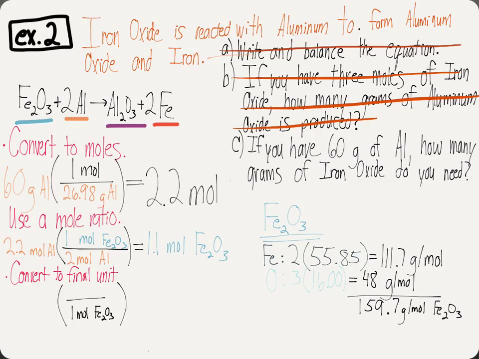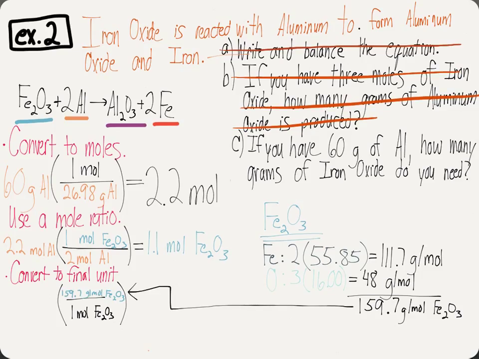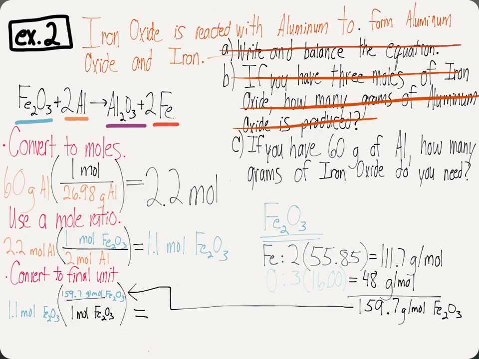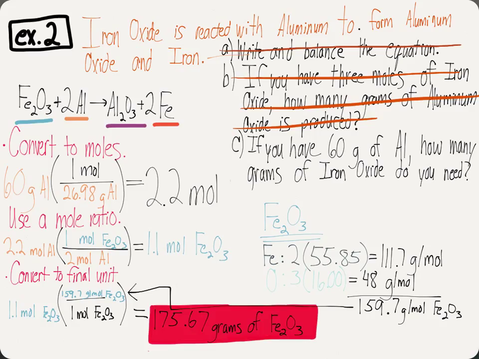Add it up, and our total molar mass for iron oxide is 159.7 grams per mole, and we move that here. Do the math, multiply across the top, divide by the bottom, and our answer is 175.67 grams of iron oxide.